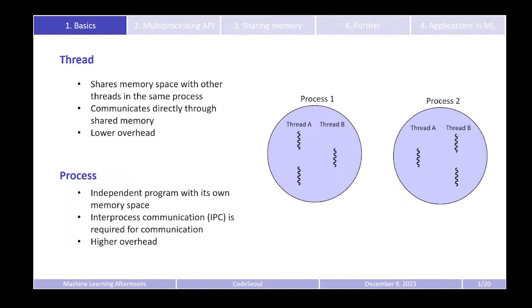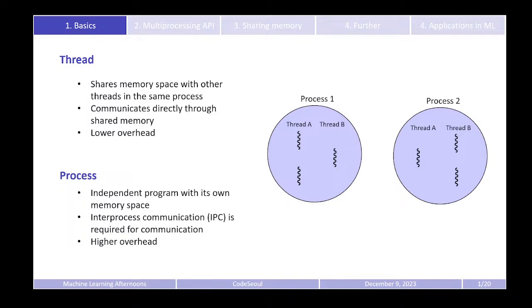Whereas one process is isolated from another, we don't have access from one memory to another, but there are special mechanisms by which they can communicate externally.